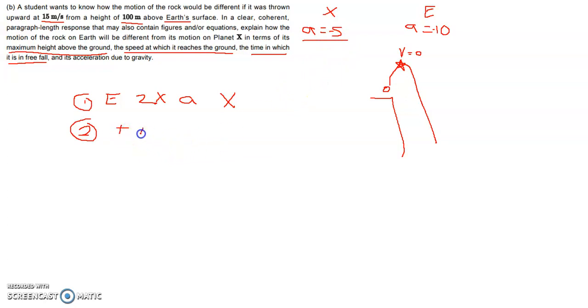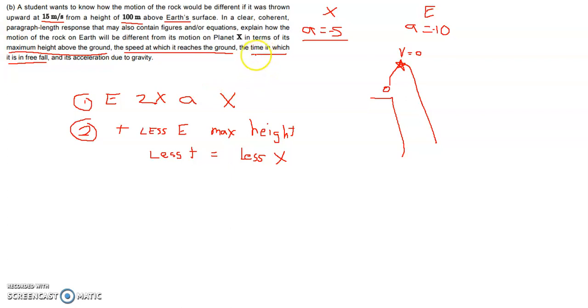So time is less on Earth to reach max height. And since it's traveling for less time, right? Less time, that means less distance. Okay?